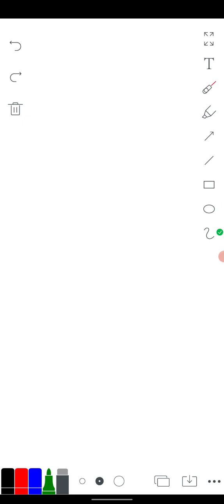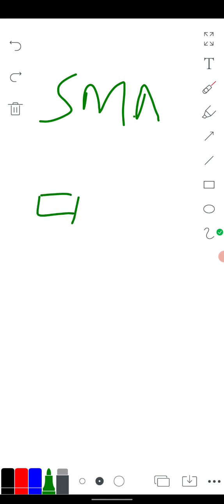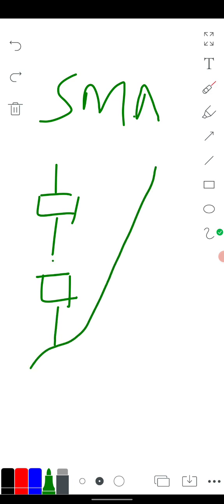First one is double cross EMA. This double cross EMA is similar to SMA.